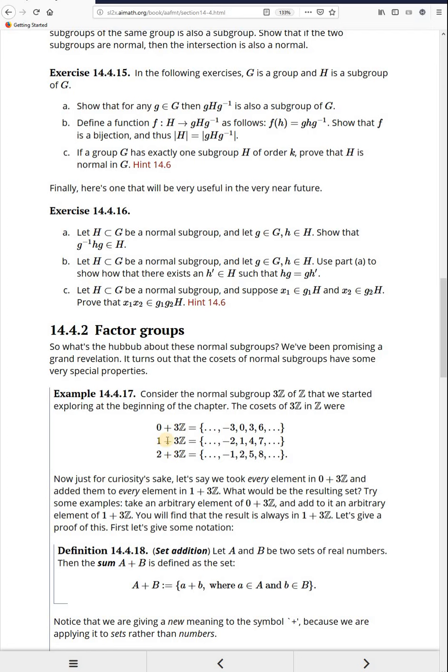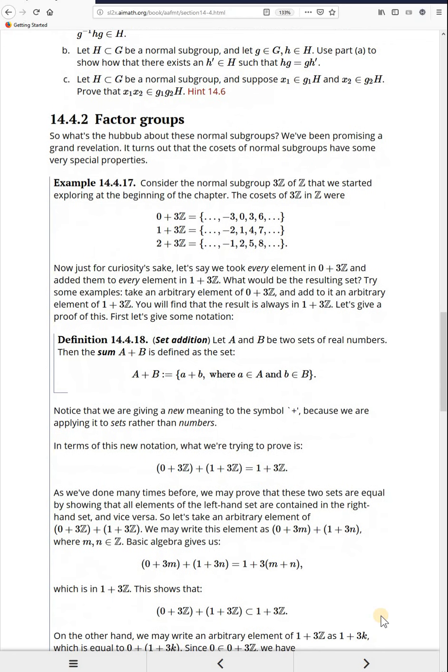Or if I take 1 plus 2 mod 3, that means I take anything in this set, add it to anything in this set, and I'm going to get something in 0 mod 3, like this. So think about this coset addition the same way you think about modular addition.